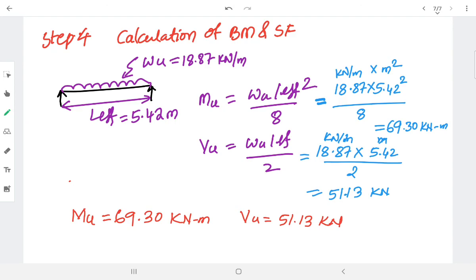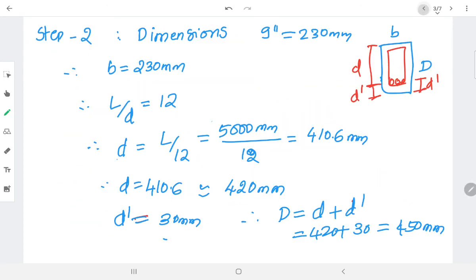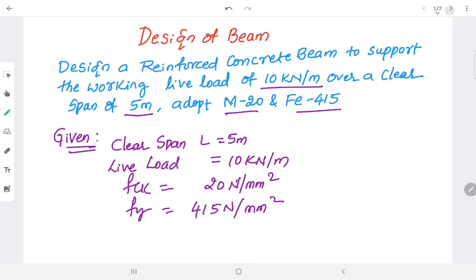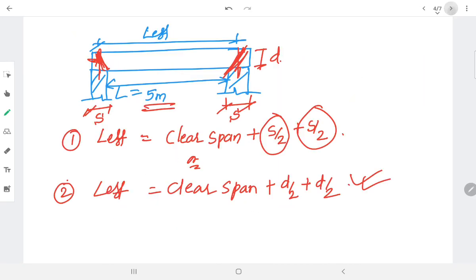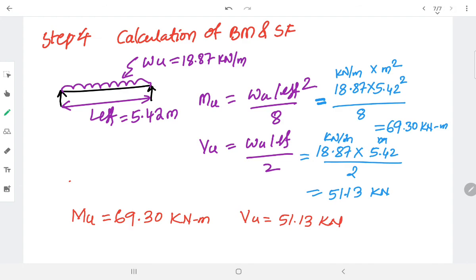I think up to this you understood the problem, the design of beam. These are the 4 steps we have discussed. Until these steps, just go through that. By tomorrow we'll complete.